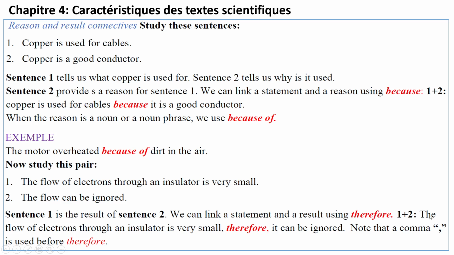So we find: the flow of electrons through an insulator is very small. Therefore, it can be ignored. We remove this and replace it with this, and we put the comma here after therefore.